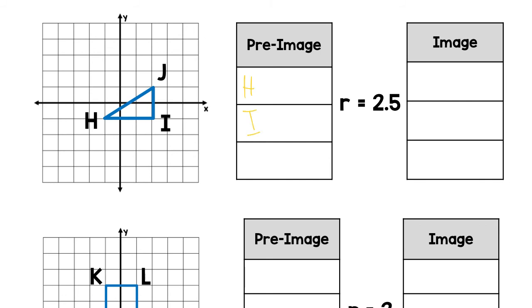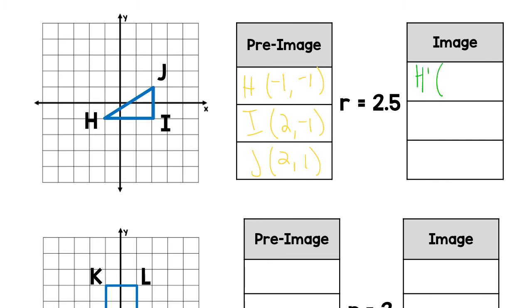We'll have H, I, and J. Point H is at -1, -1. I is at 2, -1. J is at 2, +1. We're multiplying each of these values by 2.5.